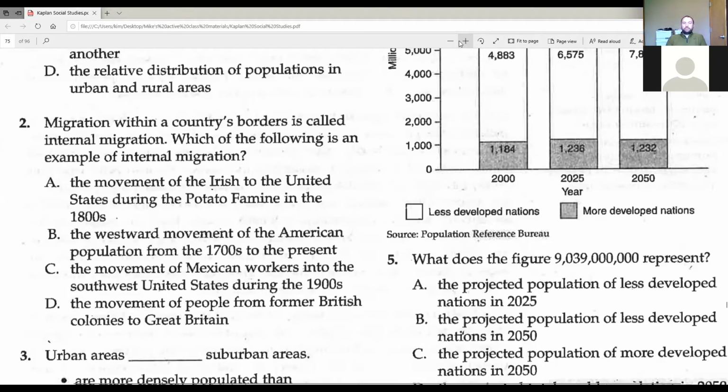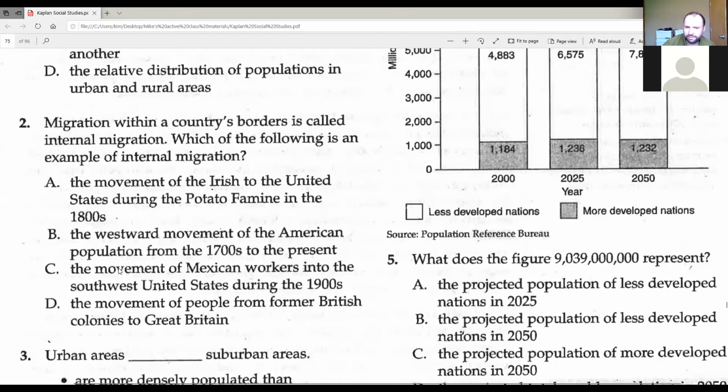The westward movement of the American population from the 1700s to the present, or D, the movement of people from former British colonies to Great Britain. The word that gives this away, even if the right answer doesn't seem obvious to you, is that D isn't correct because it says the movement of people from former British colonies to Great Britain.